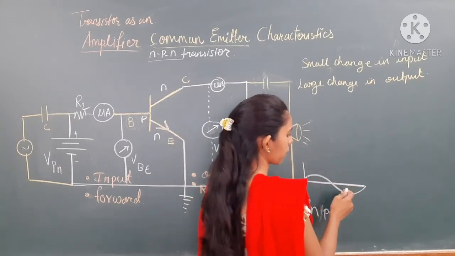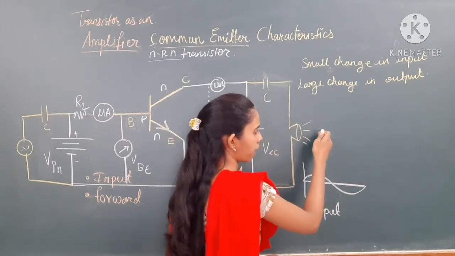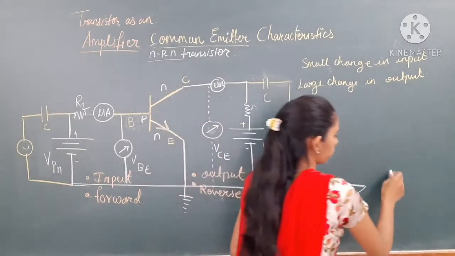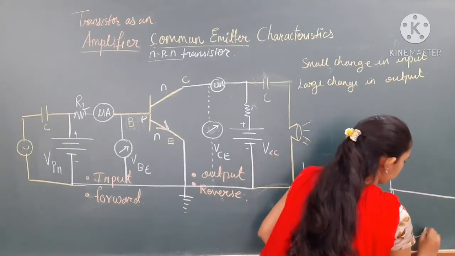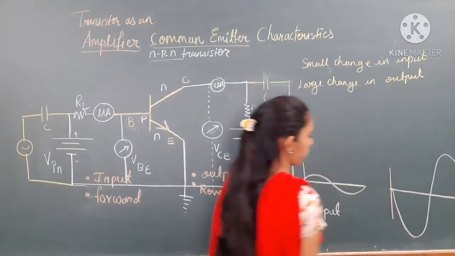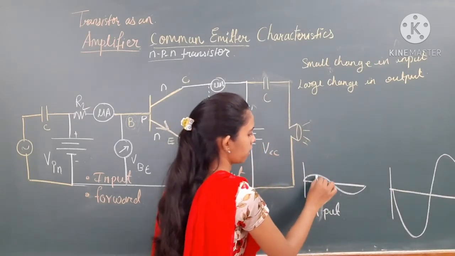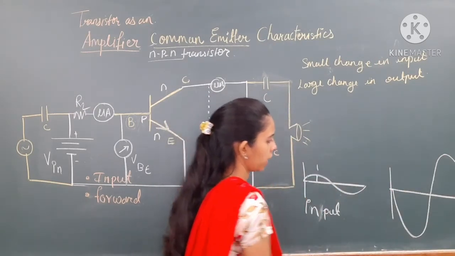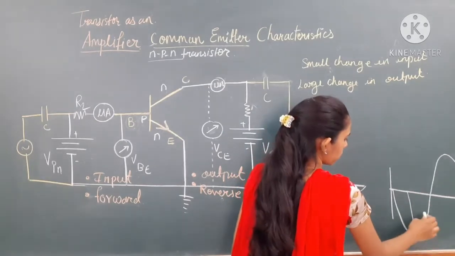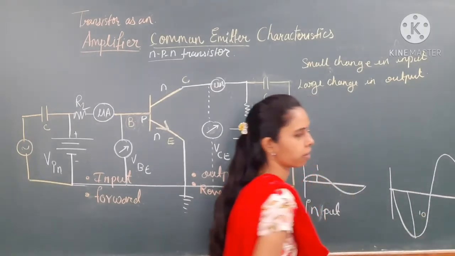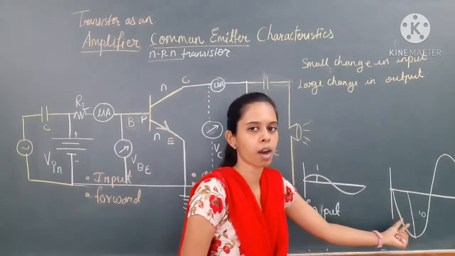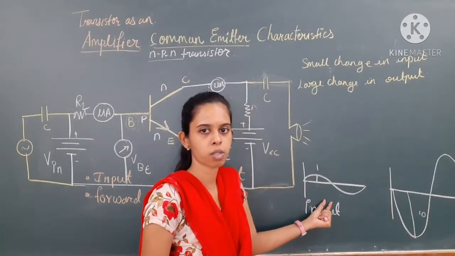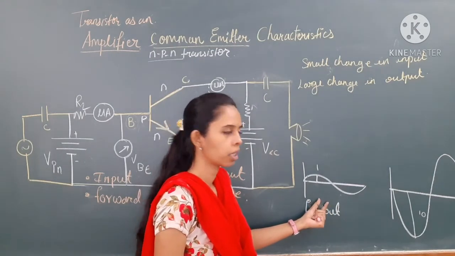If you compare this input with this part, that is the output part, you can see that there is a difference. If this amplitude is 1, then you can say that this is about 10. That means there is a large change in the output when there is a small change in the input.